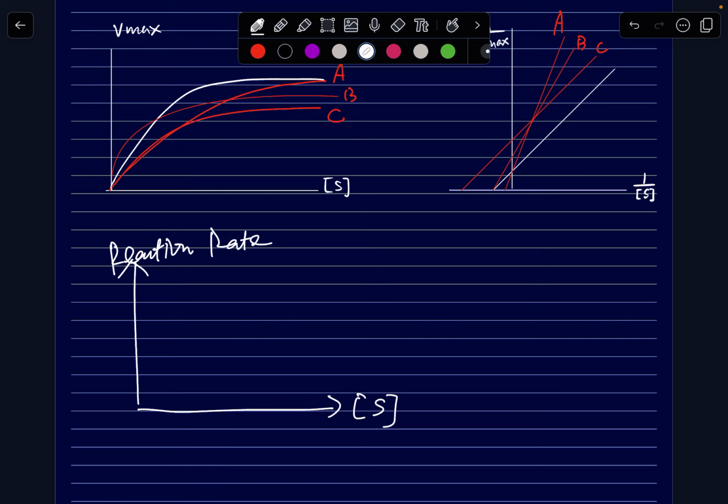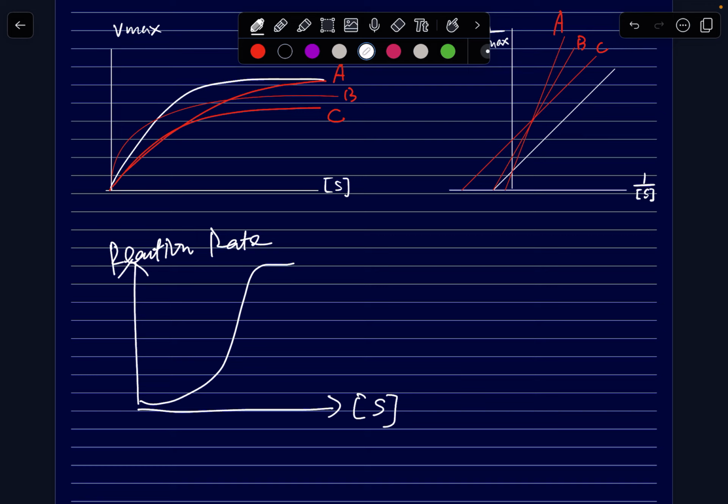The sigmoidal graph that you see, as I discussed in the last video, is when there are multiple binding sites for the enzyme. Because there are multiple binding sites, the substrate can either promote or inhibit the binding of another substrate to another binding site, right? This is called cooperativity.